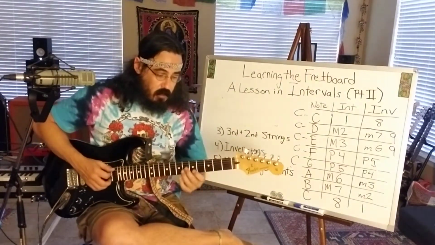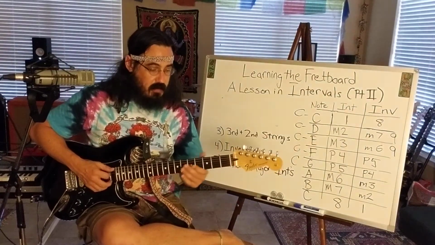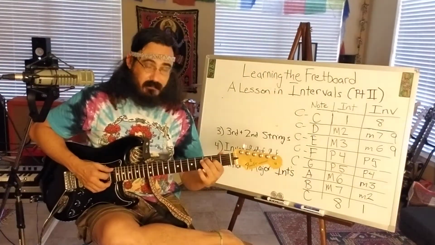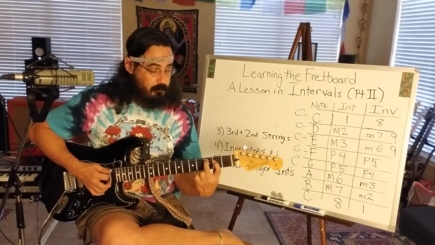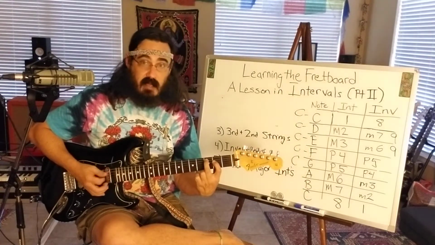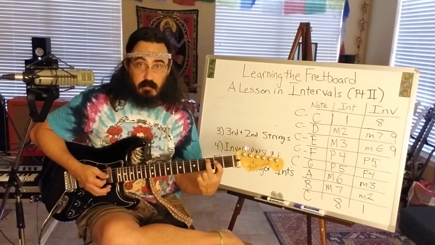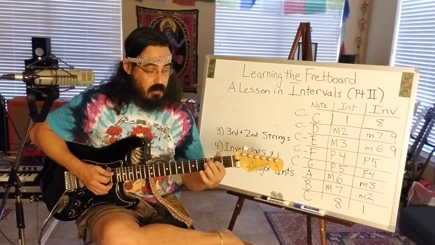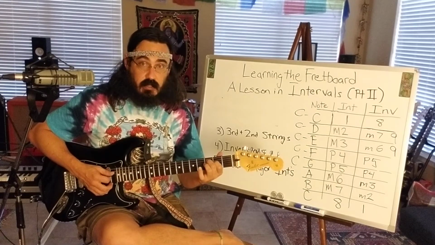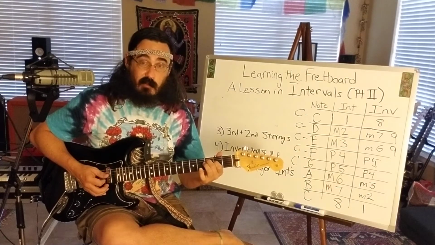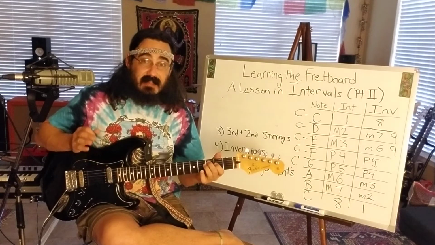And so we learned the third interval that I showed you earlier is this diagonal shape, right? So if I'm on, say, C, third string, 5th fret, and E, second string, 4th fret, that's an interval of the third, okay? But that's a major third.